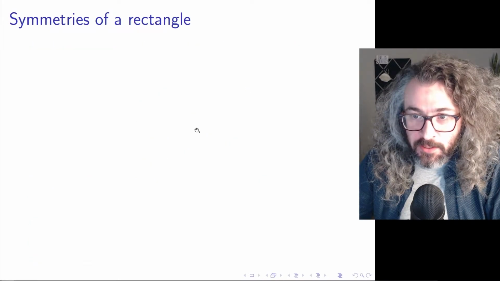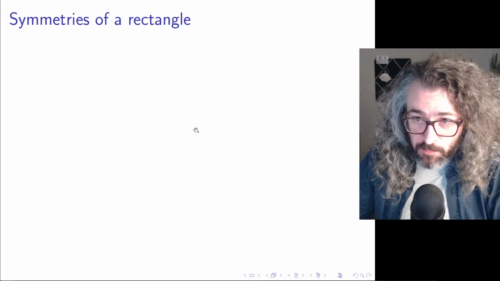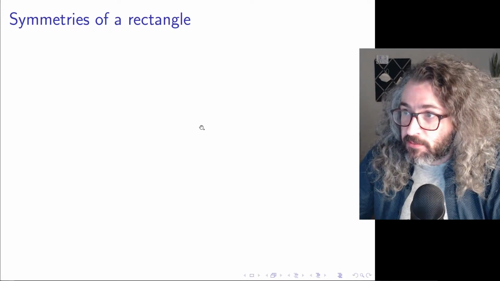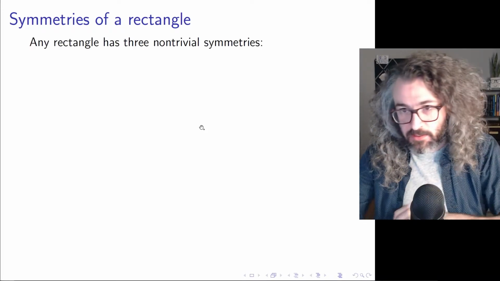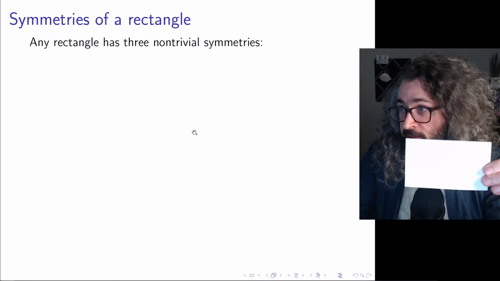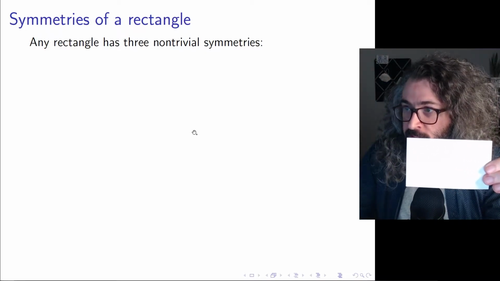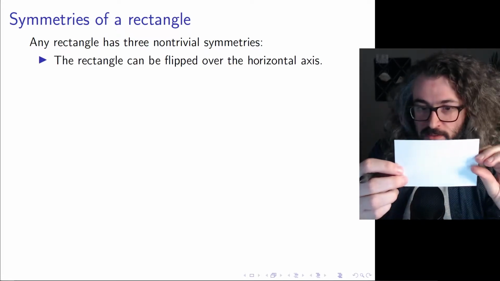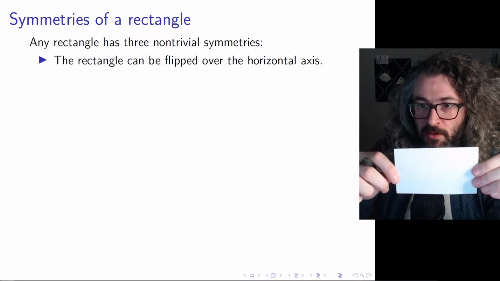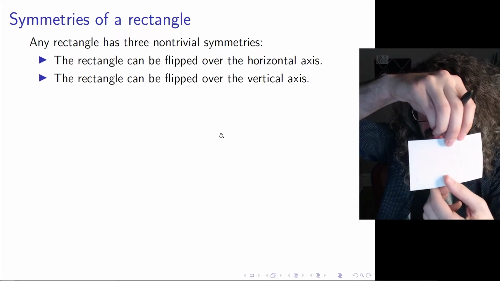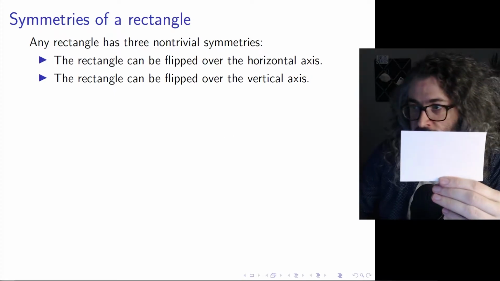All right, moving on. So one place where the Klein group shows up naturally is when you are studying rectangles. Here is a rectangle. Any rectangle has 3 non-trivial symmetries. So one thing you can do with the rectangle is you can flip it over the horizontal axis. Another thing you can do with the rectangle is you can flip it over the vertical axis.